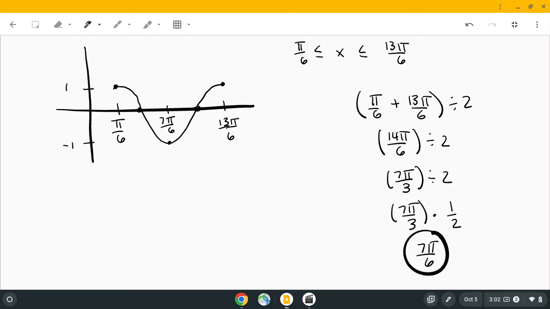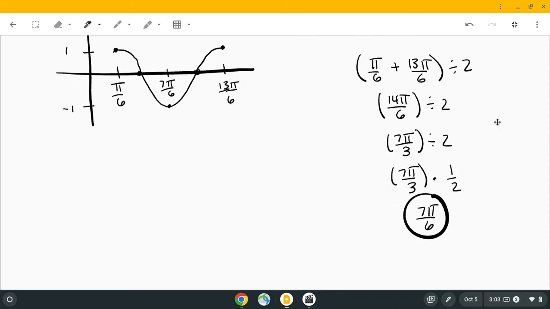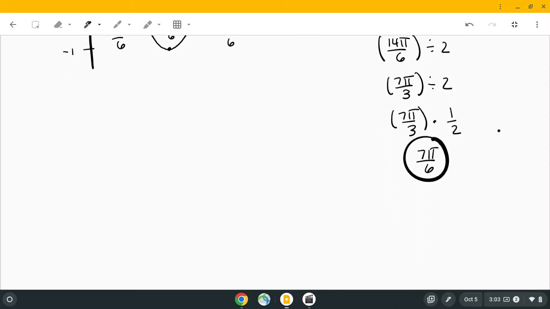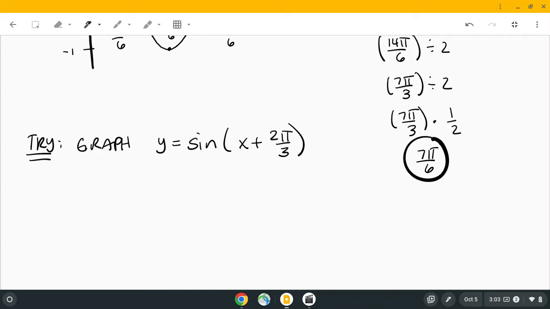Let's see if you can try this one here. Let's go ahead and graph y equals sine of x plus 2 pi over 3. Okay, and tell me what's happening in terms of shifts, and what's happening in terms of your graph.